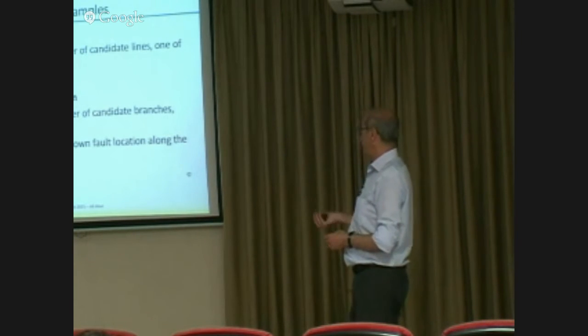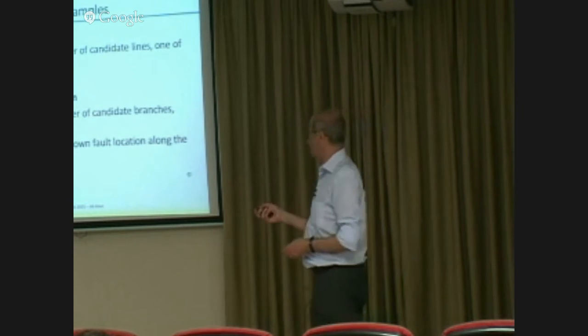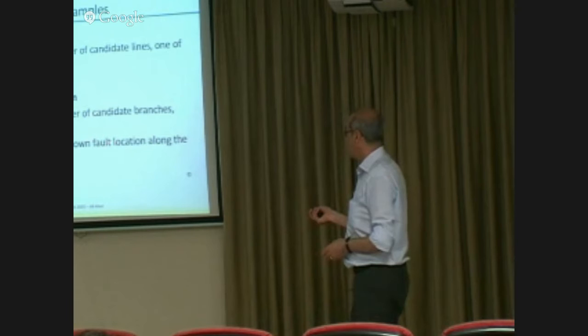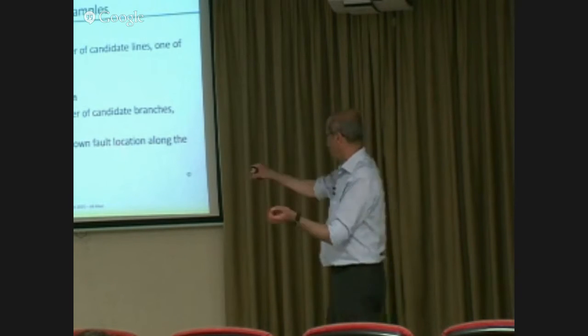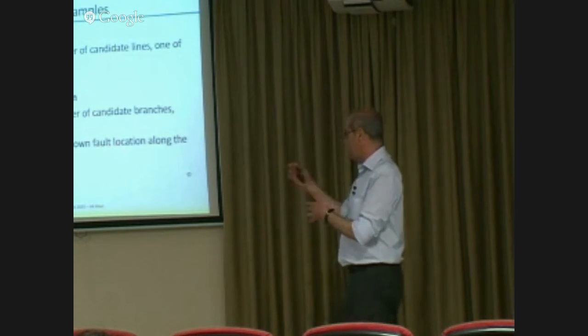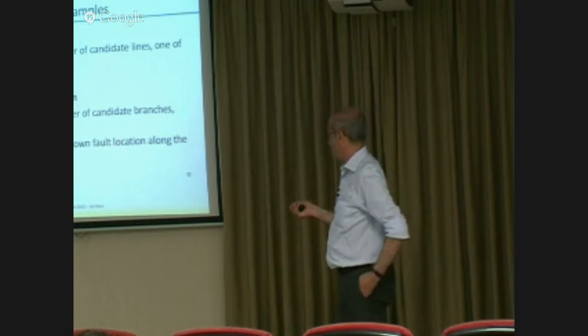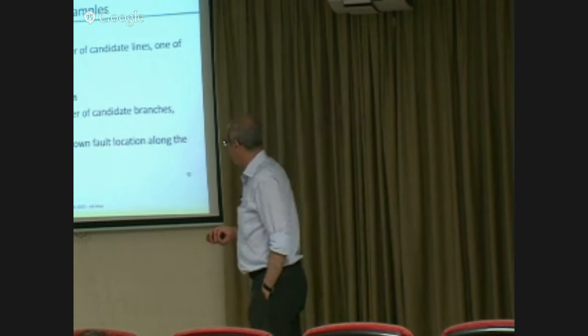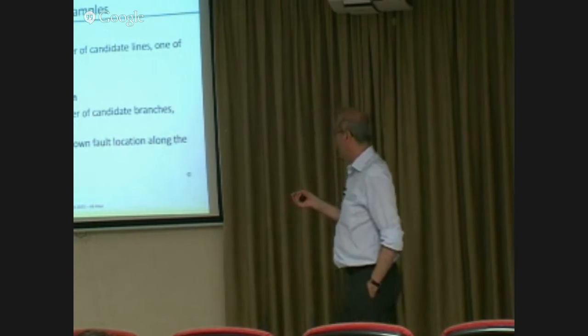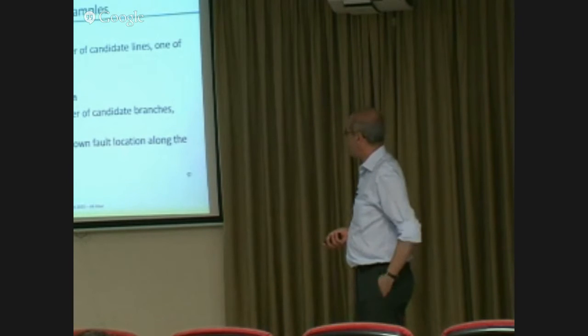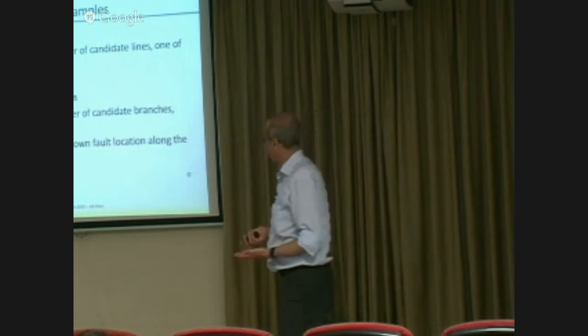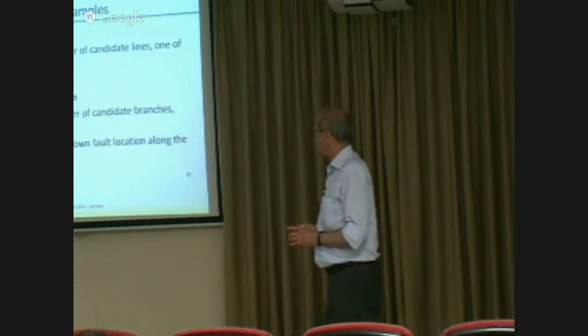And then there's an additional complication. You not only need to know which branch is faulted, but you need to find the exact location of the fault along that branch. Additional logic is needed in addition to this sort of problem. So these are the 2 examples I'd like to look at.